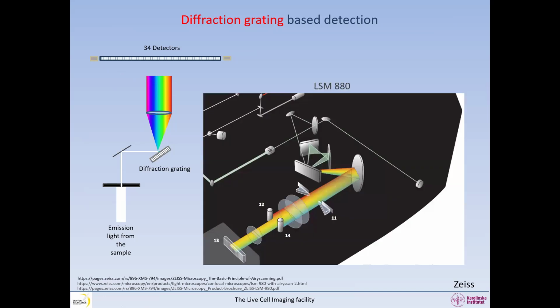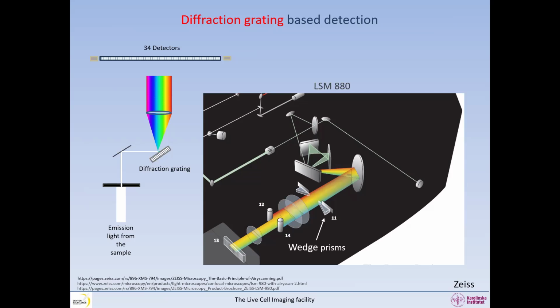But the principle of how it works is the same, in the sense that the emission light coming from the sample will reach this diffraction grating and split into this rainbow of components, which is then sent to a central 32-channel GaAsP detector, flanked by two other PMTs, one for the blue fluorophores and one for the red and far-red fluorophores.